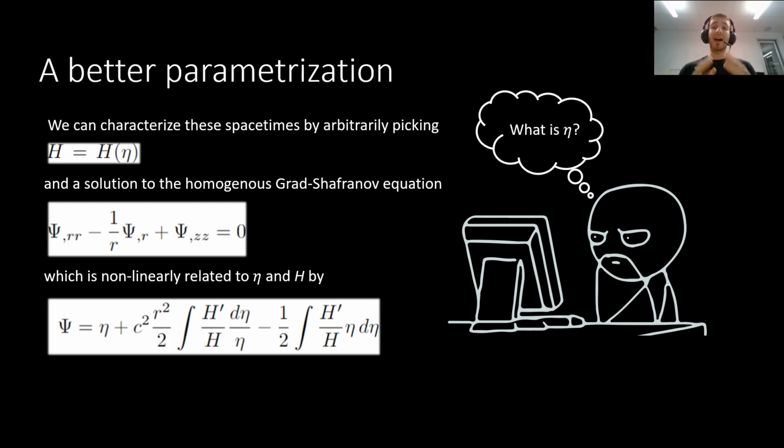First, we can arbitrarily pick the normalization factor, as long as it's negative, as a function of one single field, eta. Furthermore, we can choose a function that solves a harmonic condition, taken back in the day as a Laplace equation, and then related in a more complex way to h and eta.